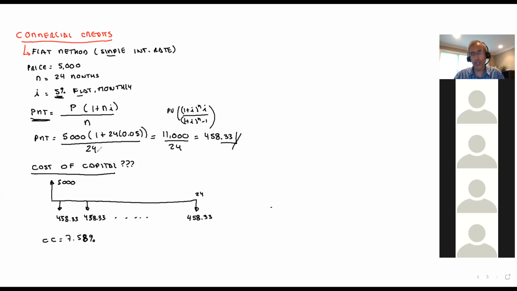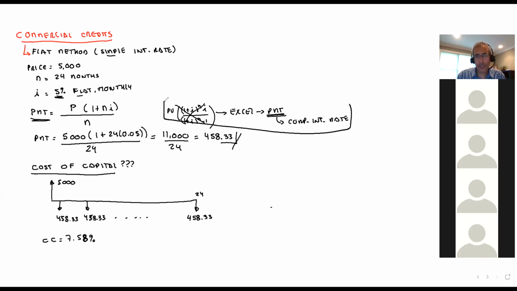The Excel function is for payments, but that payment uses the compounded interest rate. So the payment that Excel's command gives you is not providing this number here. Just be careful with that. Okay, thanks.